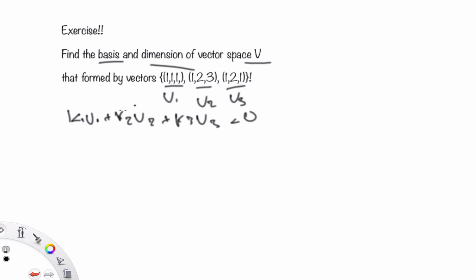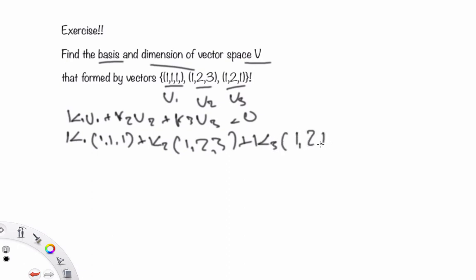So we can input the vectors U1, U2 and U3 here. It will be k1 (1, 1, 1) plus k2 (1, 2, 3) plus k3 (1, 2, 1), which will be equal to (0, 0, 0).